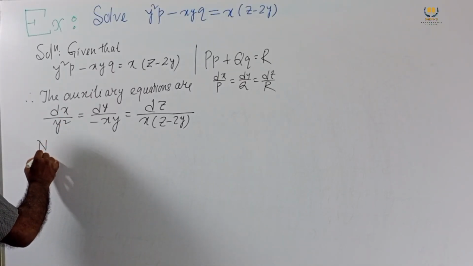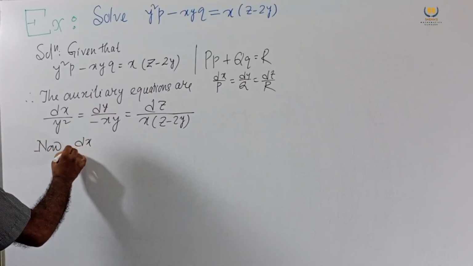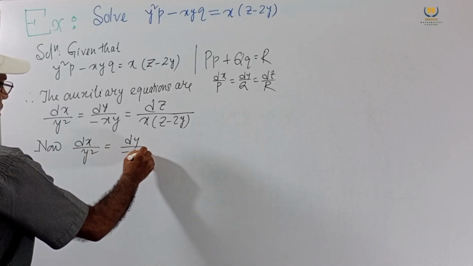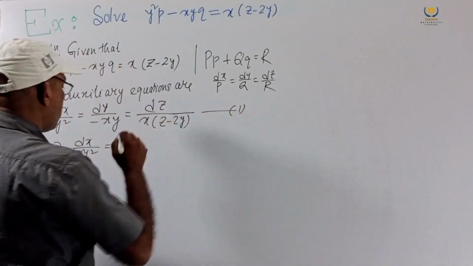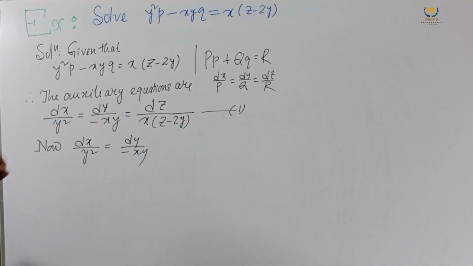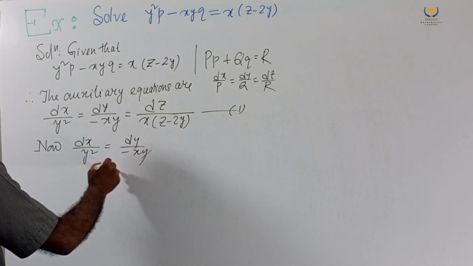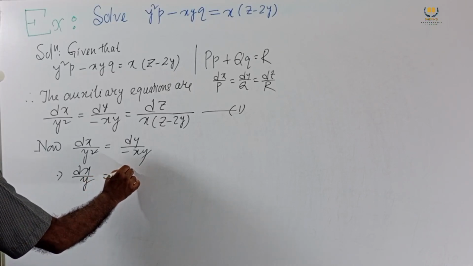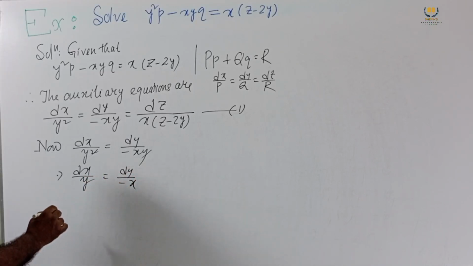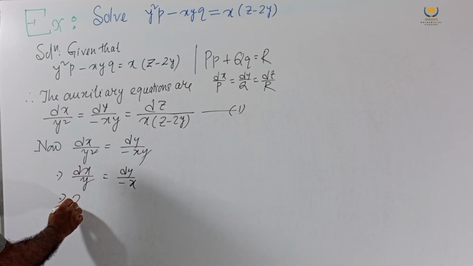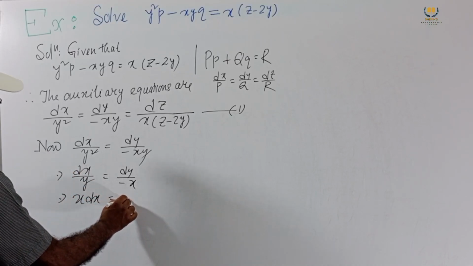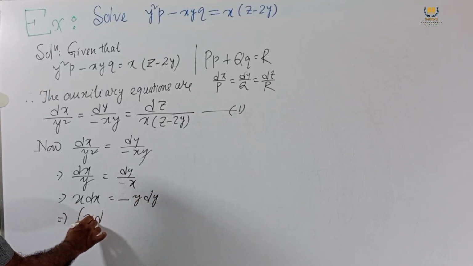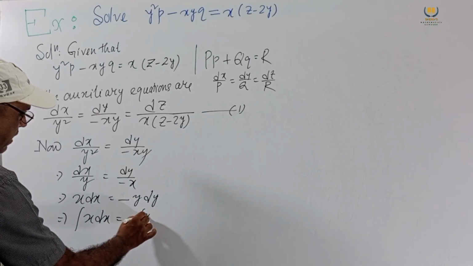Now we consider the first pair. dx by y square, dy by minus xy. This is number 1; we consider the first two pairs, and from this y cancels. We get dx by y equals dy by minus x, and multiplying across, x dx equals minus y dy, and we integrate this: x dx plus y dy.